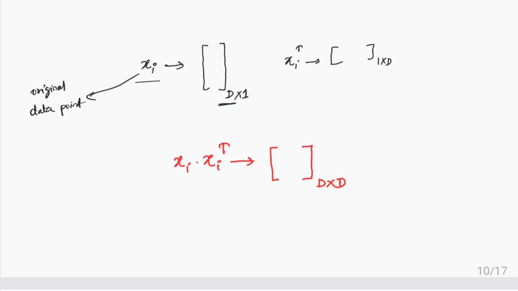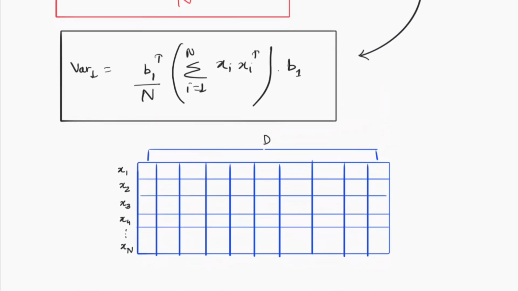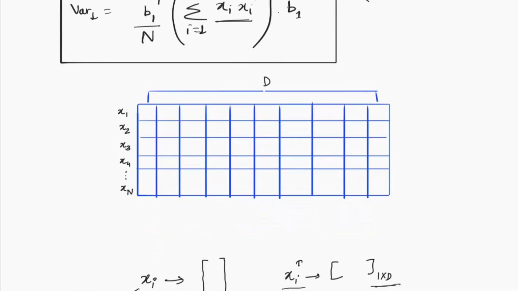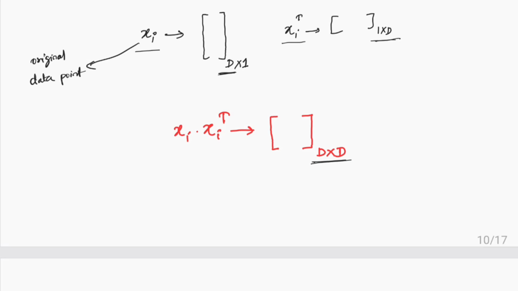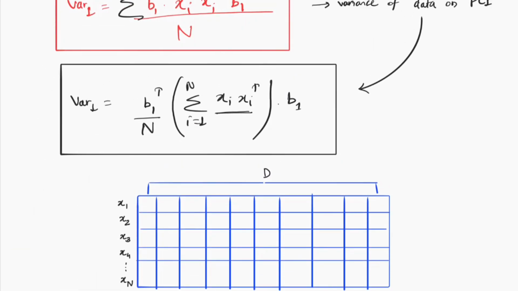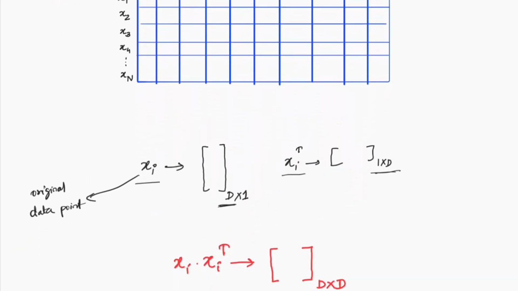The dimension of that original data point is d, and when we transpose it, it becomes 1 cross d. So this middle part is nothing but a d cross d matrix.